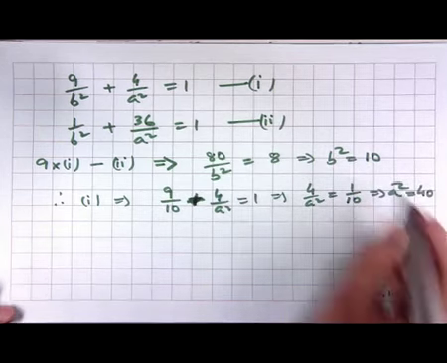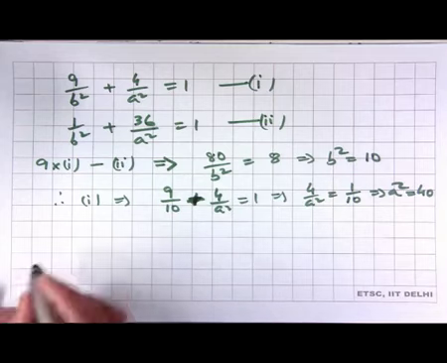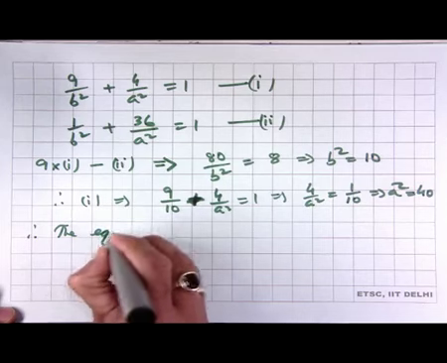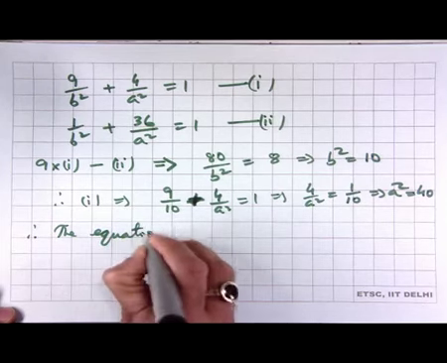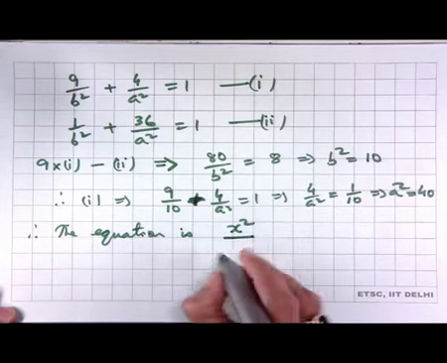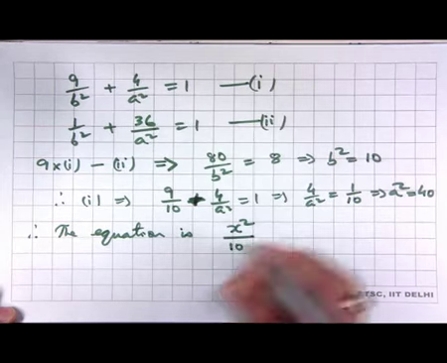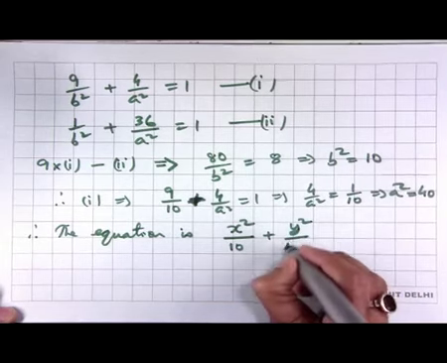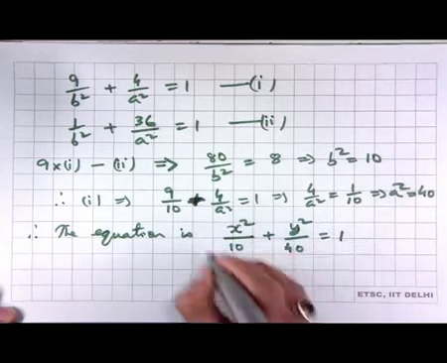So, b² is 10 and a² is 40. Therefore, the equation is x²/10 + y²/40 = 1.